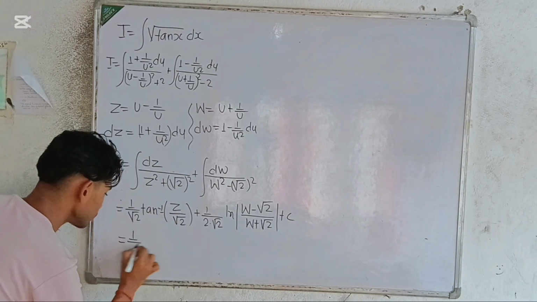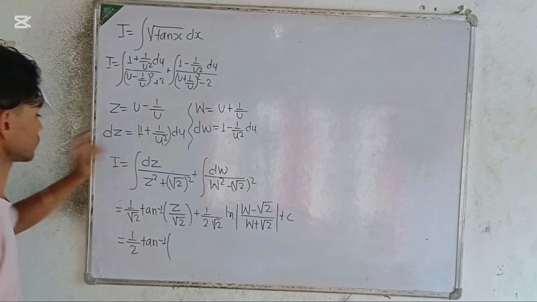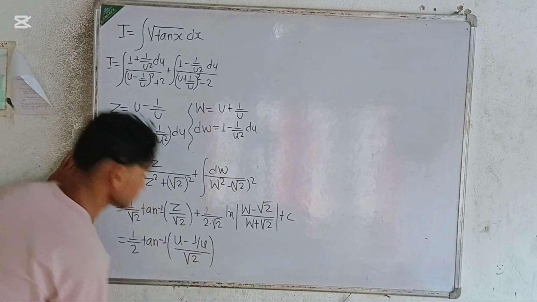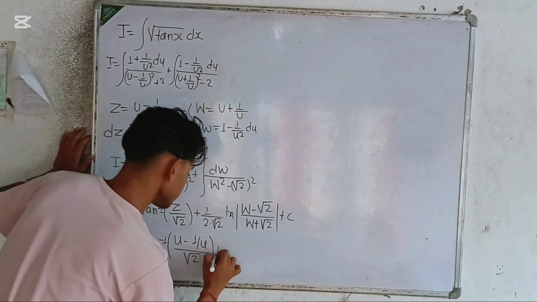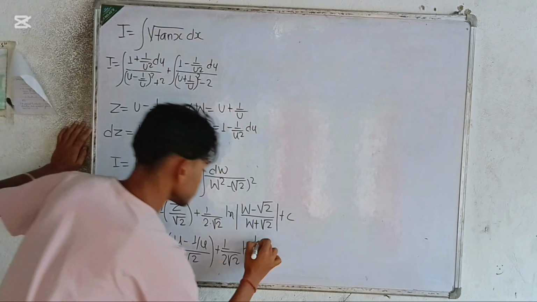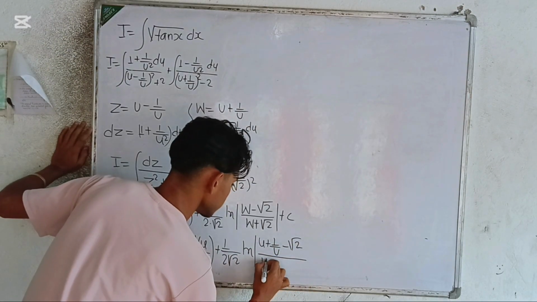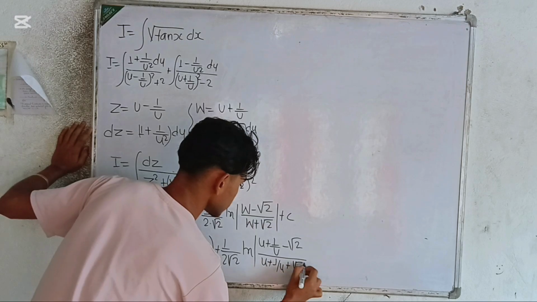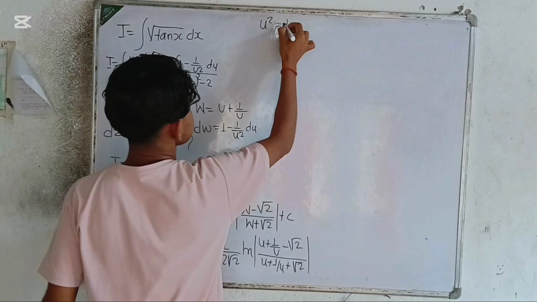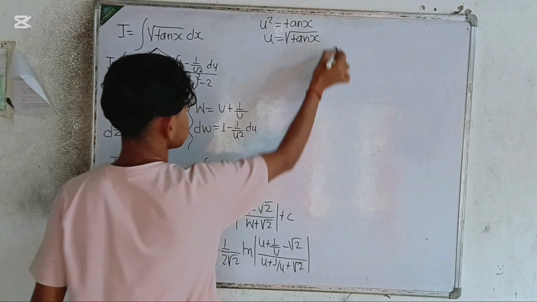So this is going to be 1 over root 2 tan inverse, and our z is nothing but u minus 1 over u upon square root of 2, right, plus 1 over 2 root 2 ln, and in terms of w we have u plus 1 over u minus square root of 2 by u plus 1 over u plus square root of 2, right. So we basically have u squared is tan x, so we can replace u as square root of tan x.